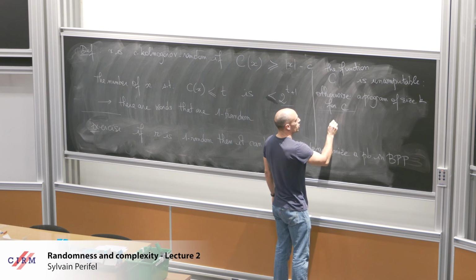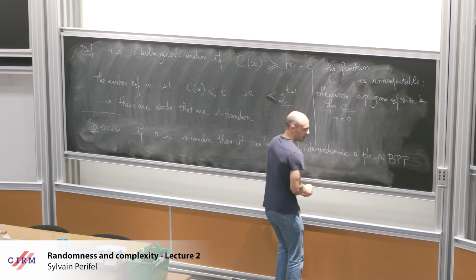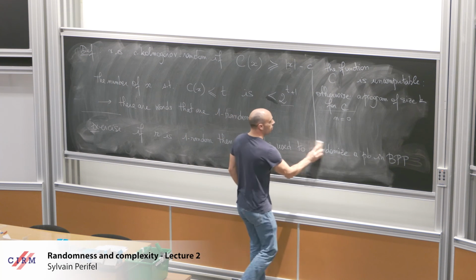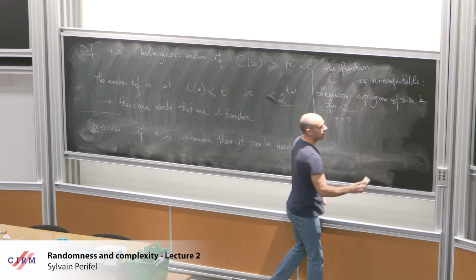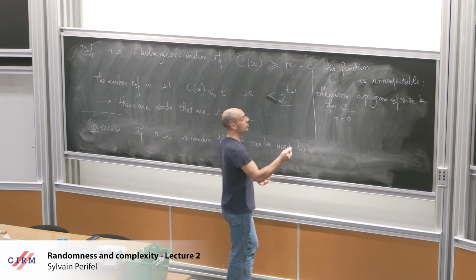You start with n equal to 0. You enumerate all the n's until you find an n of sufficiently large Kolmogorov complexity.